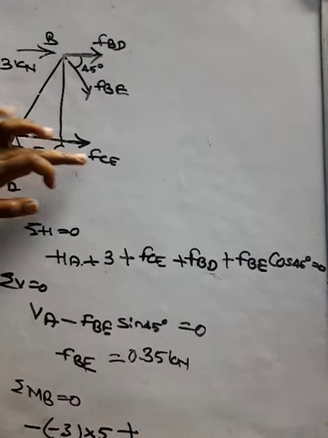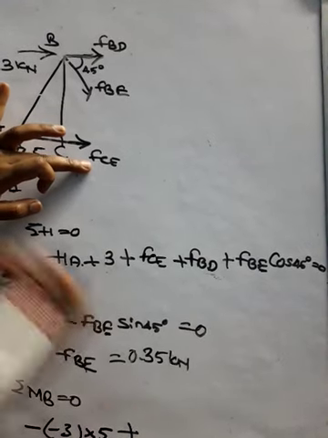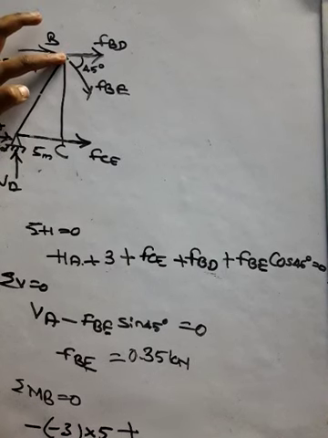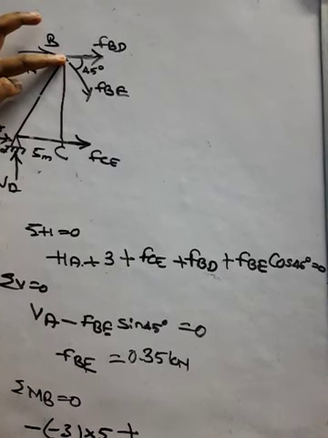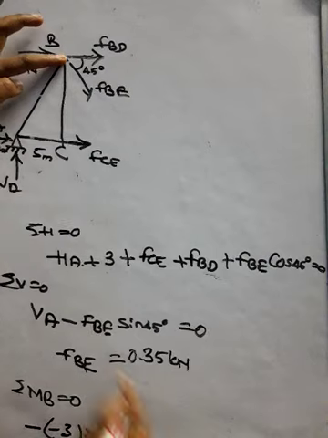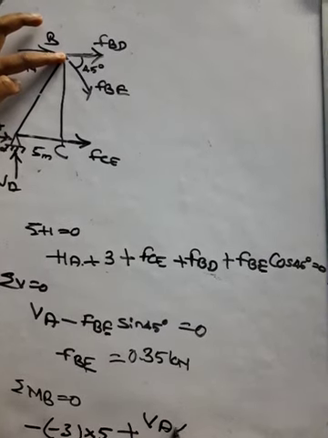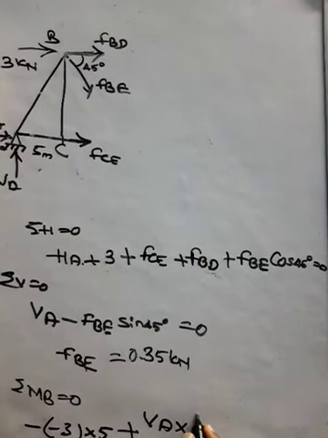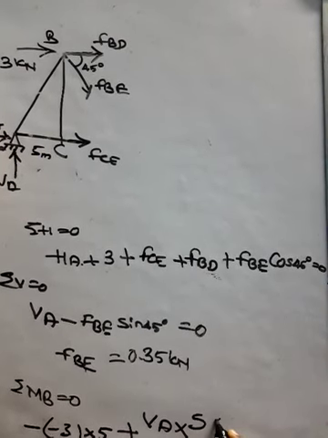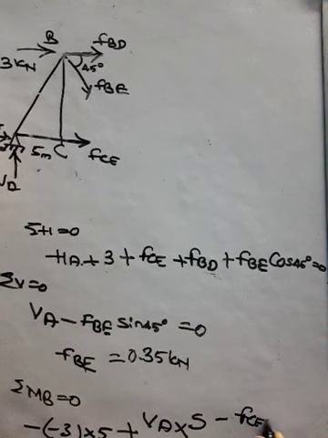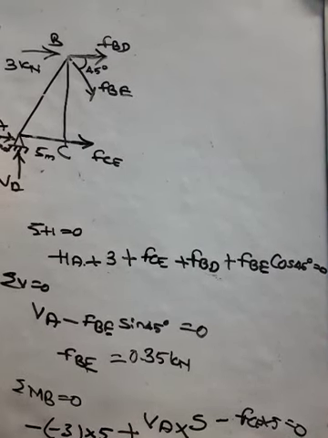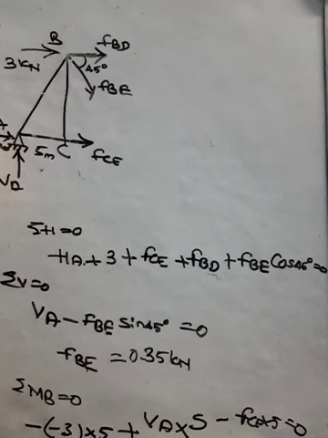Then you have HA and VA also. So VA into perpendicular distance 5, minus FCE into 5 is equal to 0.